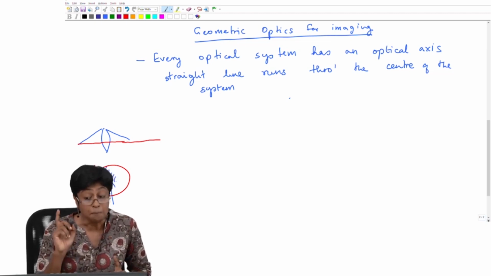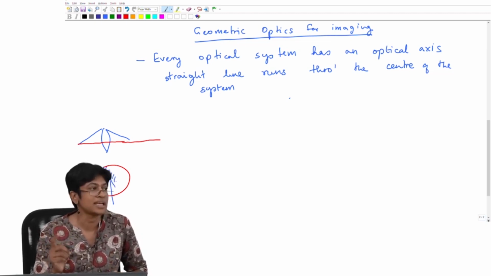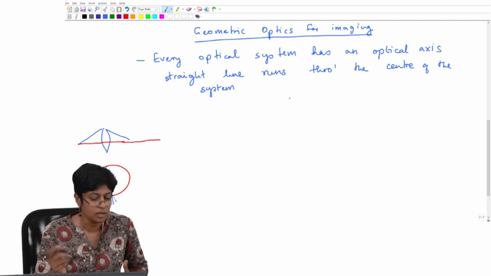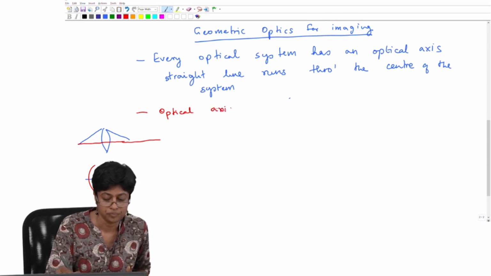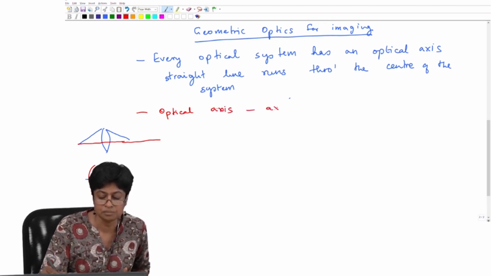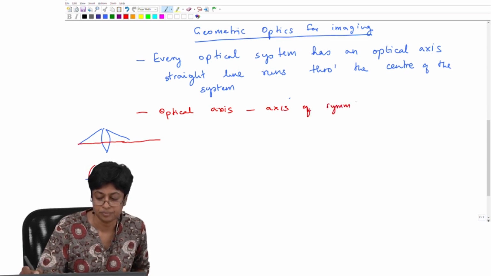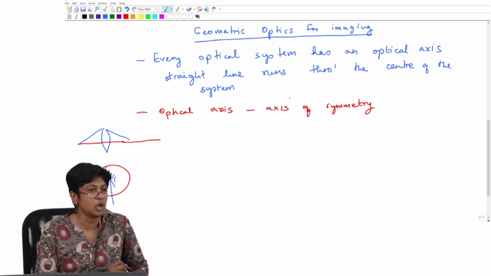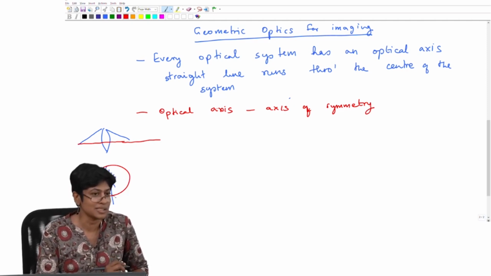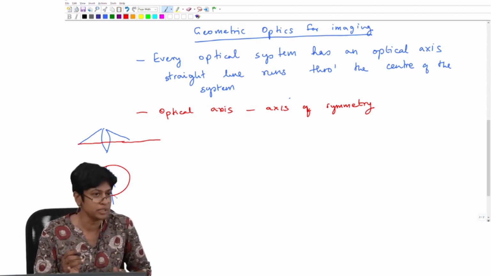Okay. In many optical systems, the optical axis is also the axis of symmetry. This is because a lot of our optical elements are circular in nature. So this does not have to be true.